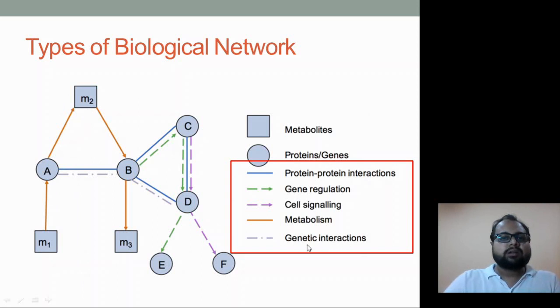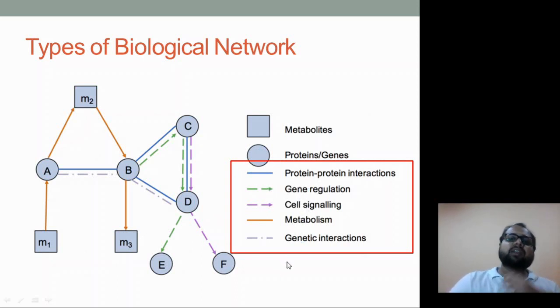And the last one are your genetic interactions. The whole purpose of showing this is that it's very important that you know the representation of your different pathways. So if you're talking about gene regulation, the representation should be like this.